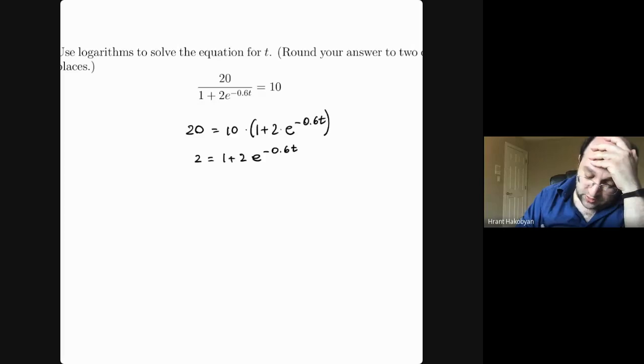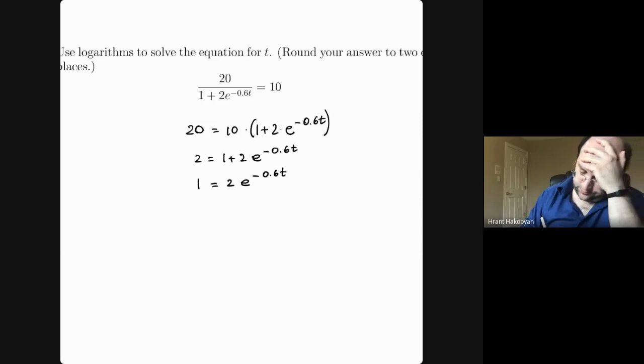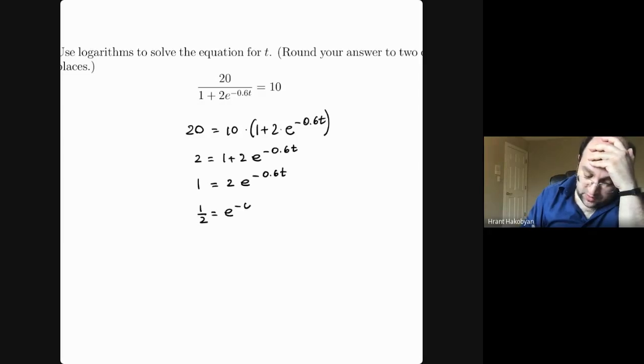Then I subtract 1 from both sides. So I'm going to get 1 is equal to 2e to the negative 0.6t. And then if I divide by 2, I'm going to get 1/2 equals e to the power negative 0.6t. Okay?